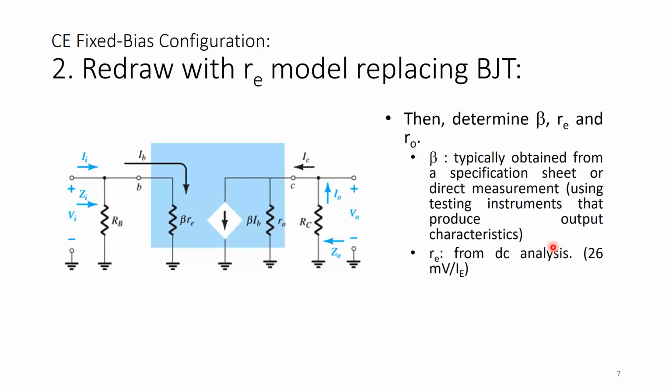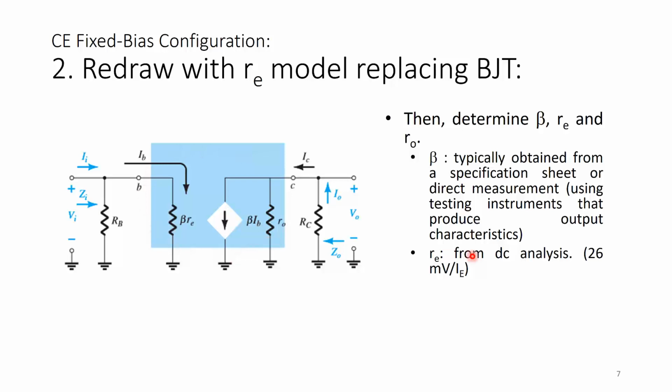RE comes from DC analysis, because RE comes from the diode AC resistance, which is approximated to be 26 millivolts per IE, and this IE, this capital E here, indicates that it comes from DC analysis. Now this IB is small b, this IC is small c, because this IB and this IC are small signal currents in the small signal analysis.